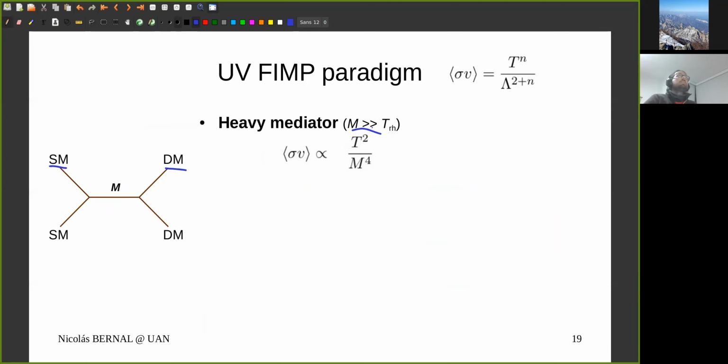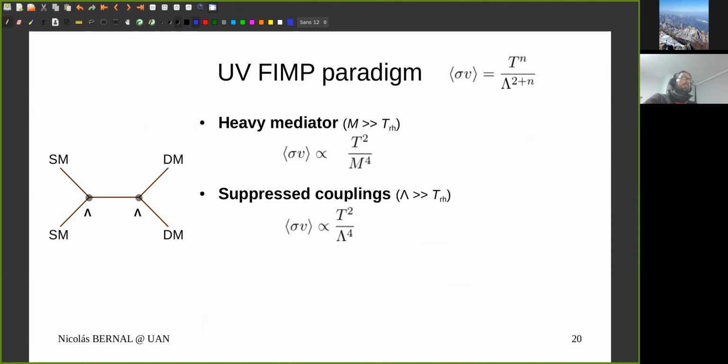So in that case, you can integrate out this heavy guy, and then you have a thermally averaged cross section which will scale like T squared over the mass of this heavy guy to the fourth. In that case, you will naturally have FIMP UV production. So heavy mediator is one option.